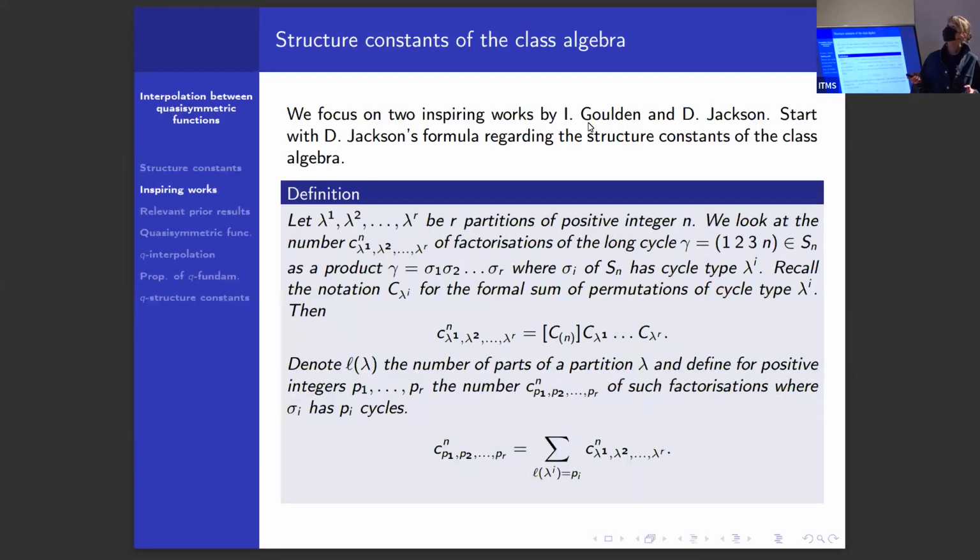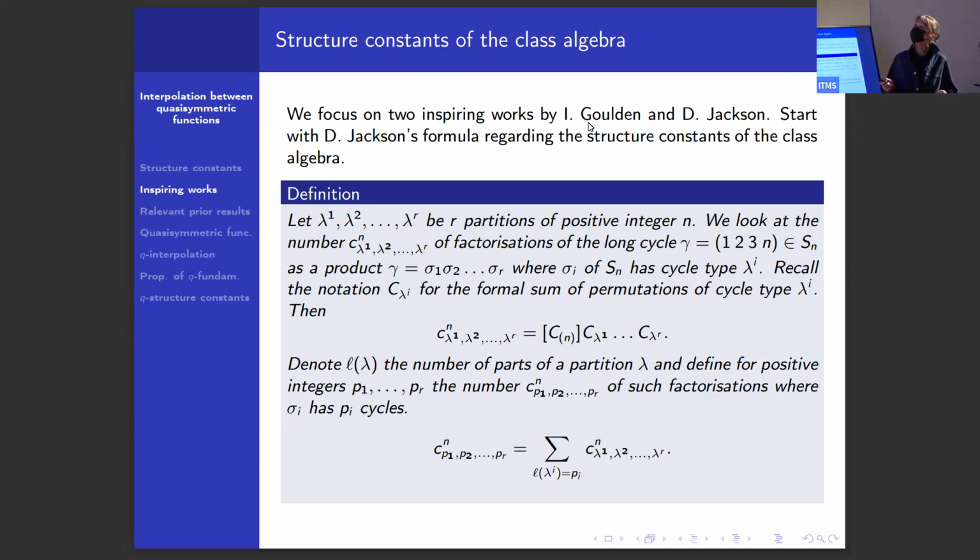So first, let me mention an important formula by David Jackson concerning the structure constants of the class algebra. For an integer partition lambda i, let us recall the notation C lambda i, the formal sum of permutations of cycle type lambda i.